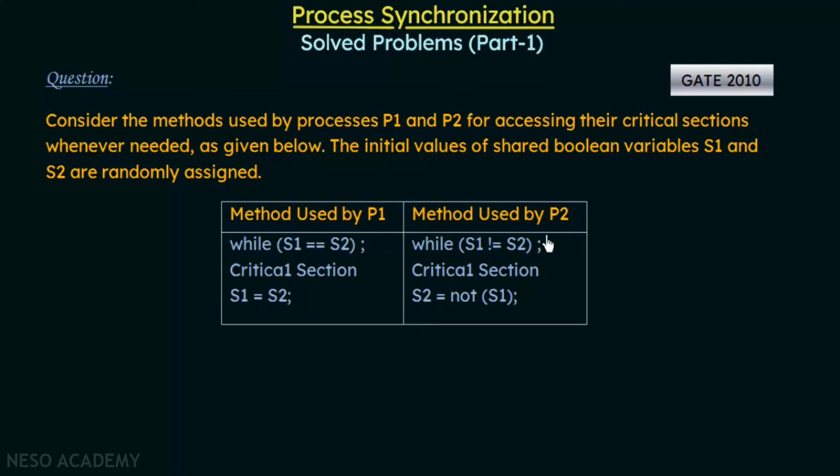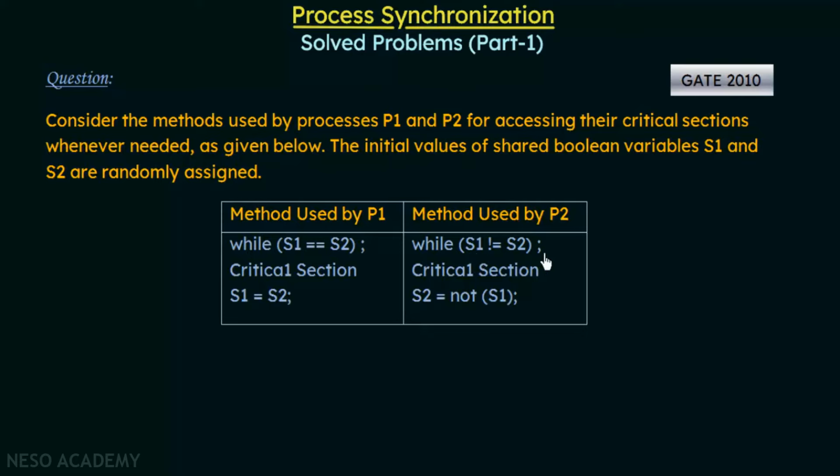Now let's see the method used by P2. In P2, it says while S1 is not equal to S2, with a semicolon. It means that as long as S1 and S2 are not the same, P2 will not be able to enter the critical section, but the control will remain in this while loop.